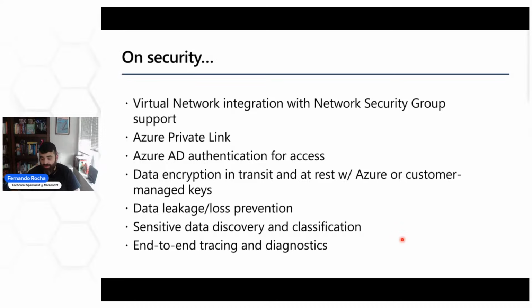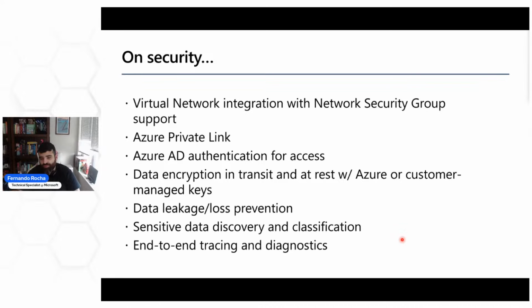Now, on security, what are some of the features that Azure Service Bus brings to you from a security perspective, right? Which is the most important thing. Security should be number one priority for all cloud systems. So we have VNet integration, virtual network integration with network security group support, of course.